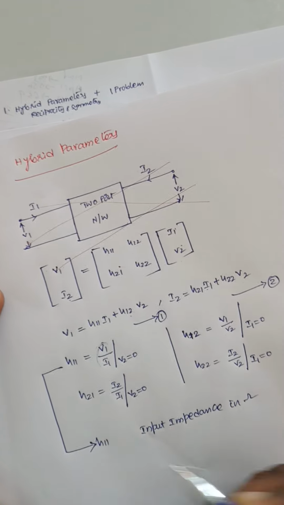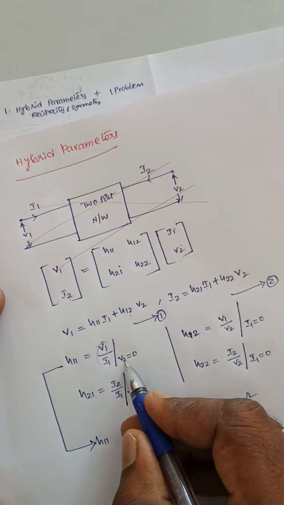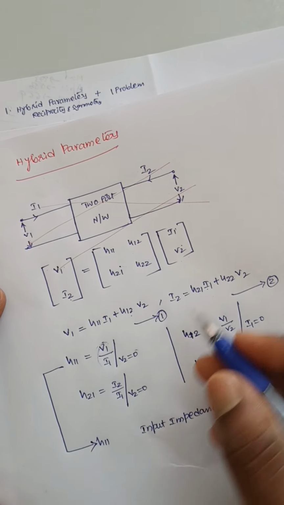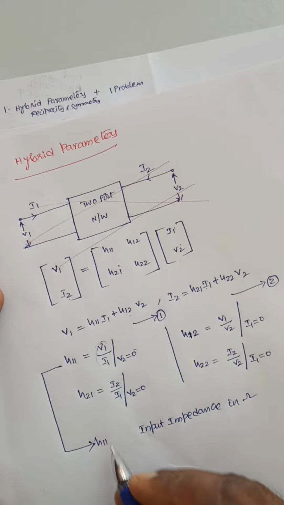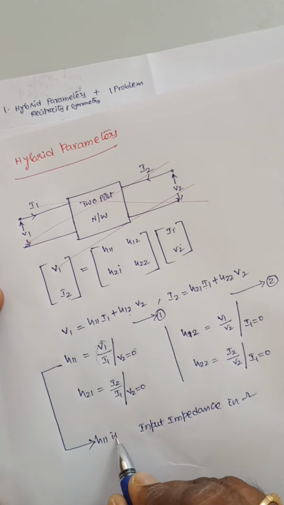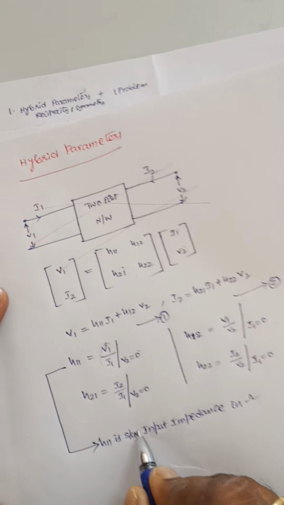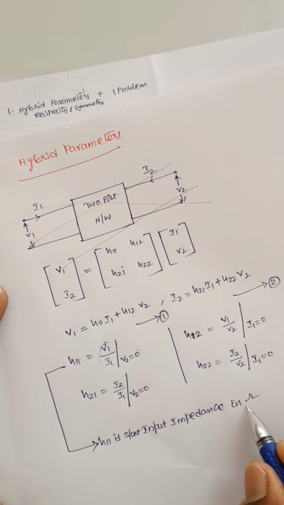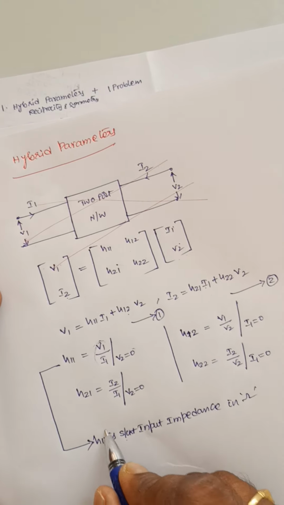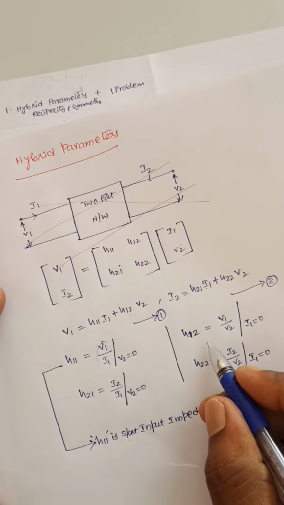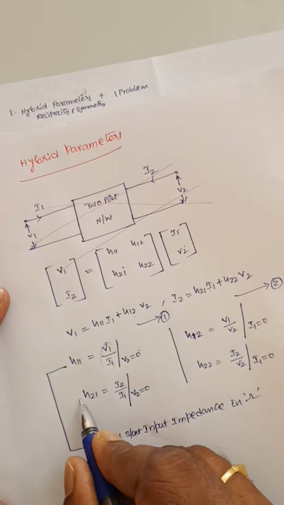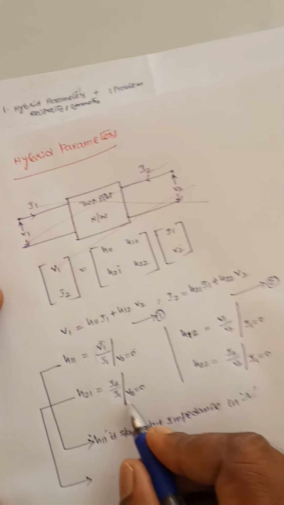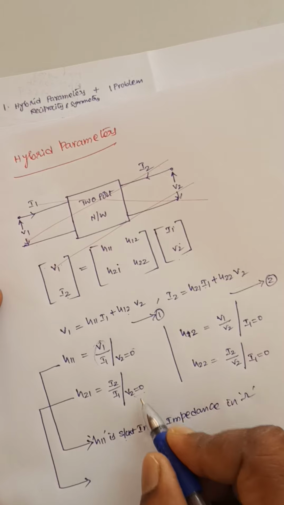H11 is input impedance. That too, it is short circuited. Whenever V2 is equal to 0, it will become short circuited, so H11 is called short circuit input impedance, that is in ohms. Next, H21.